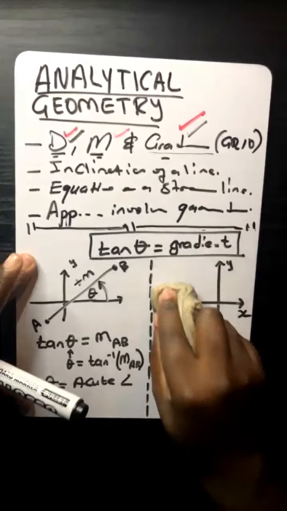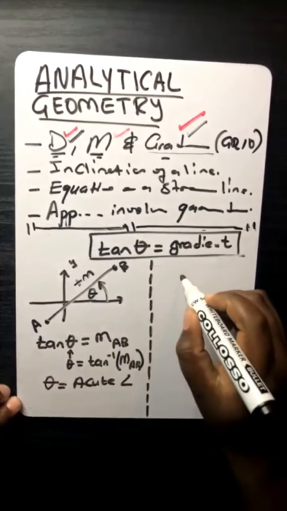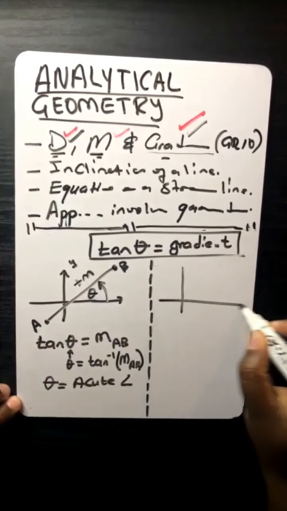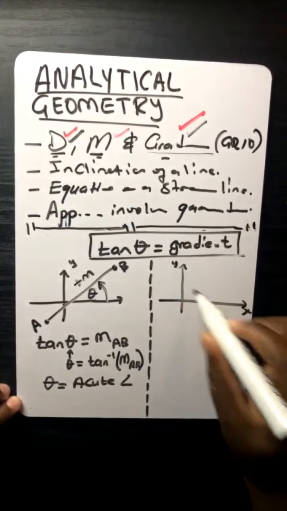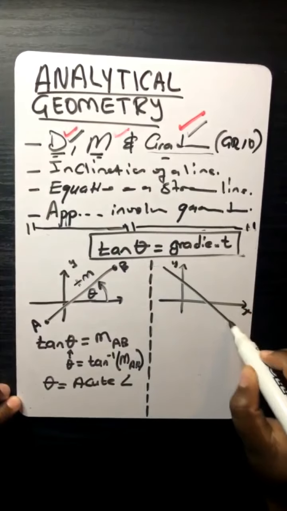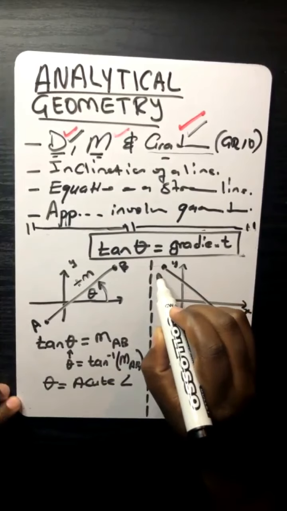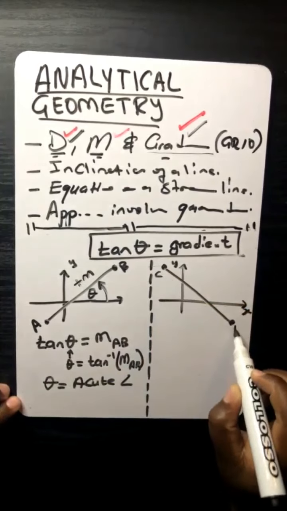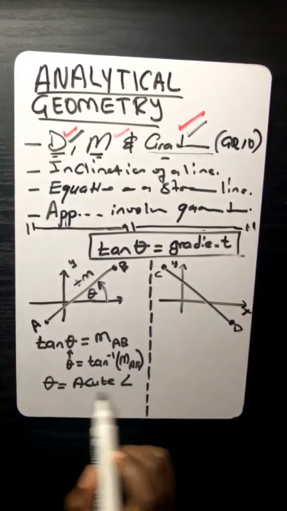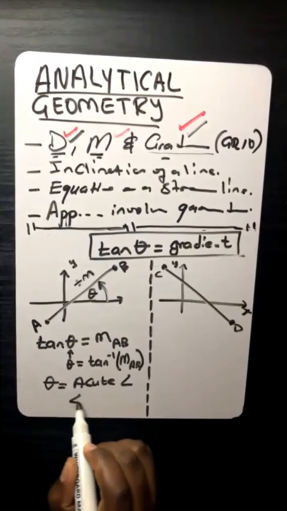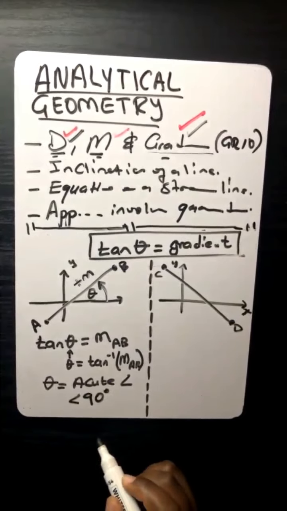So always when you calculate an angle, let me nicely draw that. We have the y and we have the x. Then we've got a straight line with 2 points, let's say C and D. So, Madam Speaker, you are right. An acute angle is an angle which is less than 90 degrees, so it falls in the first quadrant.